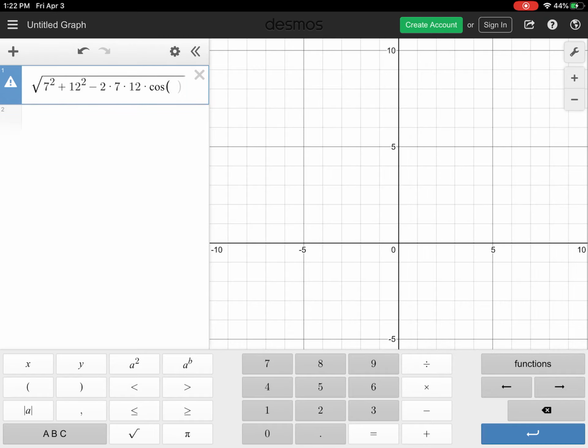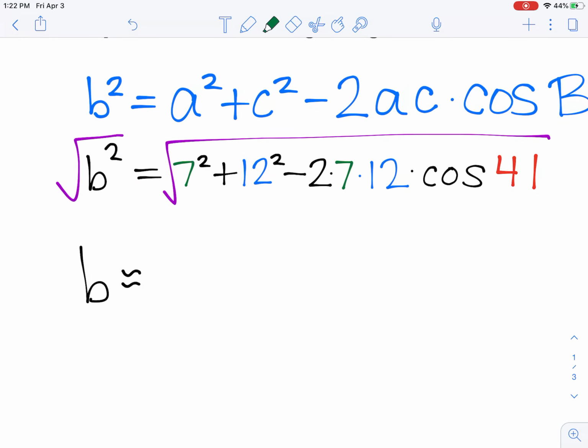We're going to select the cosine and then 41. End our parenthesis. And we should get an answer of 8.14, and we're going to go nearest hundredth. So 8.14 is the length of our missing side, or side B.